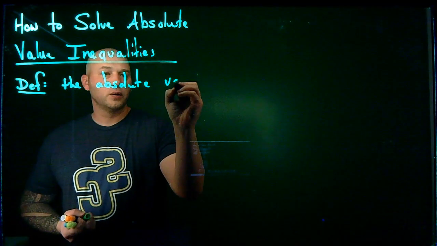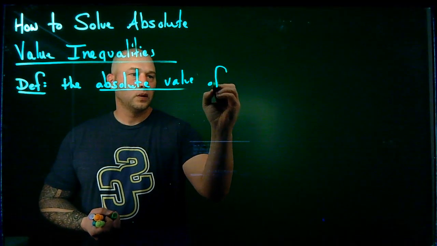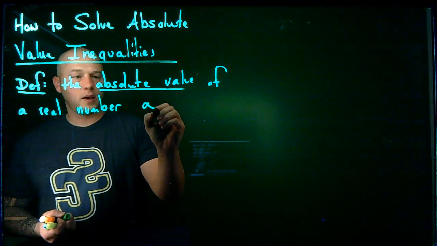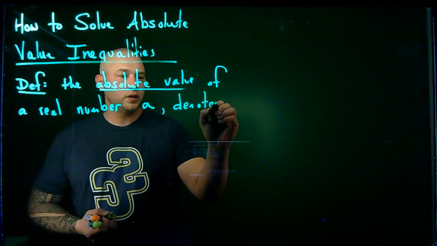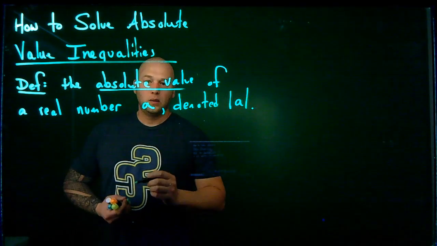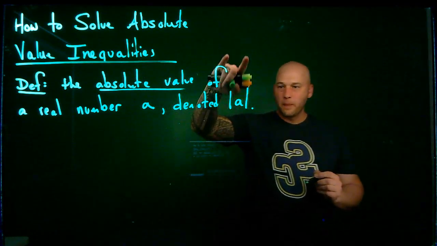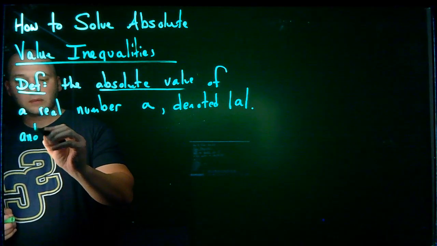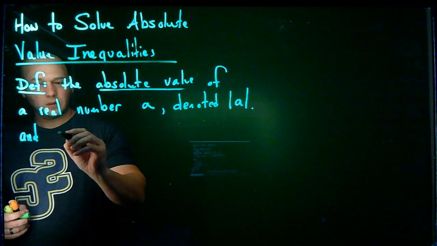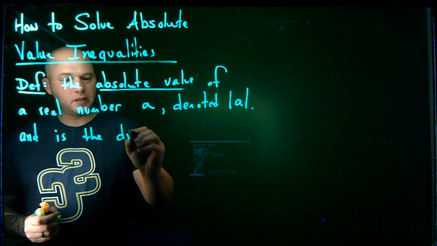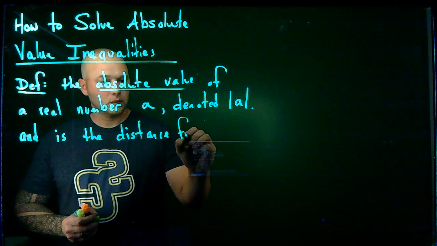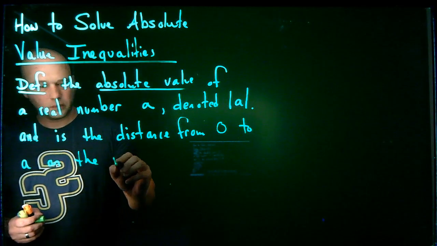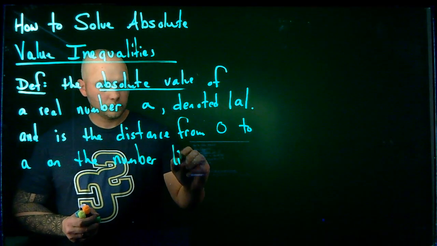The absolute value of a real number A, which of course is denoted by using what are called the absolute value bars, just two vertical parallel lines on either side of A, is the distance from 0 to A on the number line.